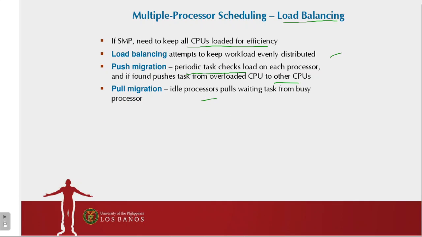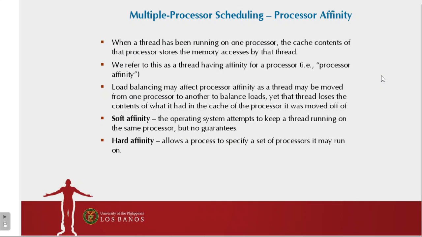So we have the concept of processor affinity. When a thread has been running on one processor, the cache contents of that processor store the memory accessed by the thread. And we refer to this as a thread having affinity for a processor, or processor affinity.